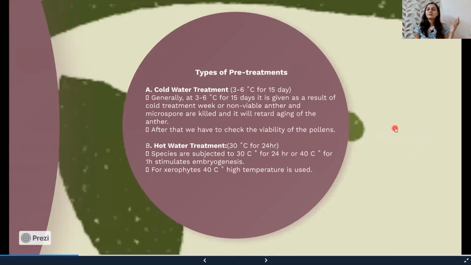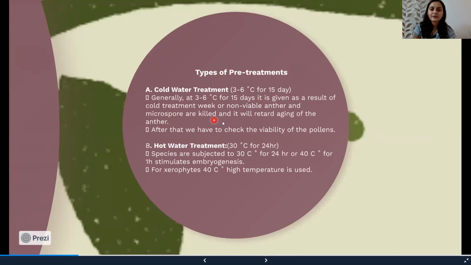So what are the types of pre-treatments? The first pre-treatment is cold pre-treatment. In this, a low temperature of about 3 to 6 degrees Celsius is given to the flower or anther for a week or 15 days, right?